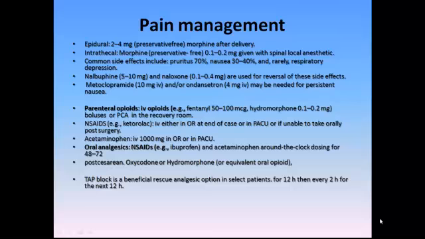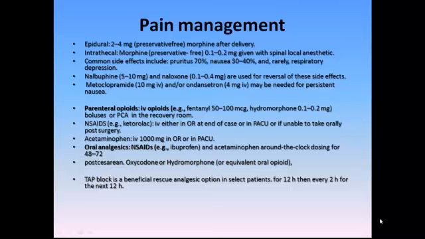What about the pain management after the delivery? If you are using epidural, we should give preservative-free morphine in the epidural, about 2 to 4 milligram, or intrathecal morphine, also preservative free, 0.1 to 0.2 milligram, with the spinal anesthesia when we give that.